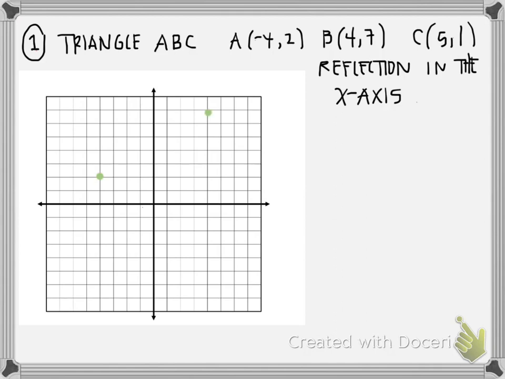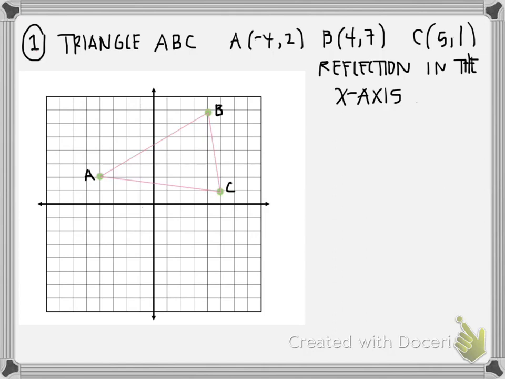And my next one would be C at 5, 1. So if I was to draw this, this would be my A, B, and C.